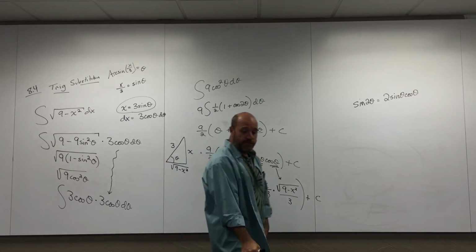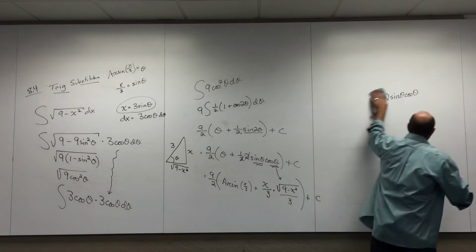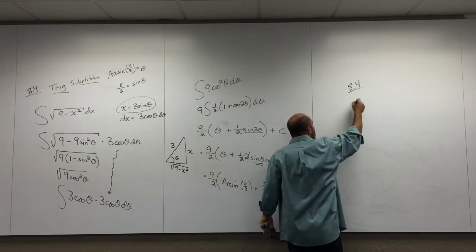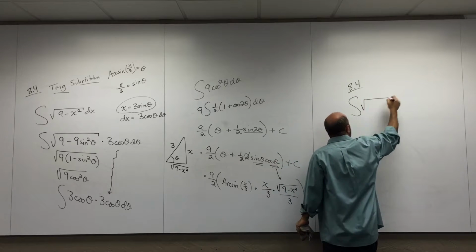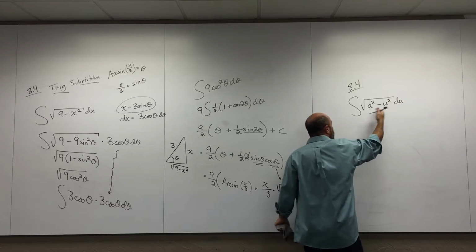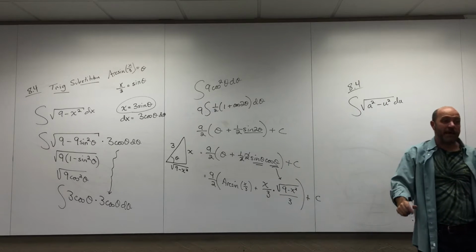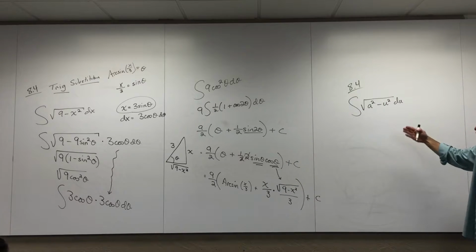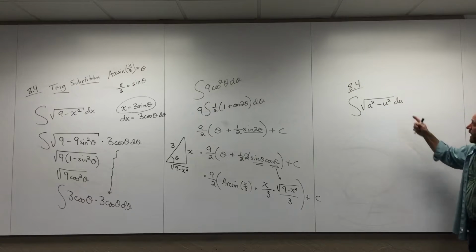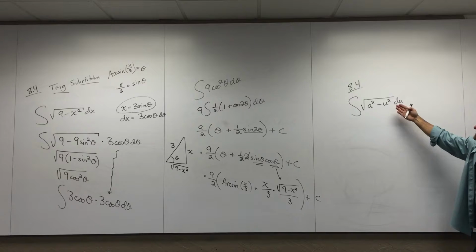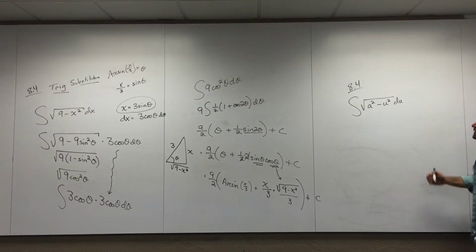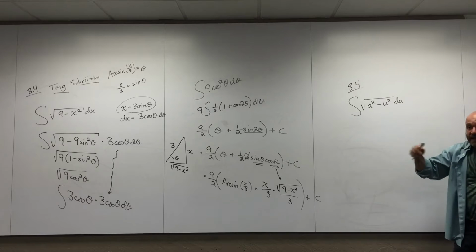Right, here's the notes for section 8.4. The book says this. What you'll be doing is running into integrals that have an a squared minus u squared inside a square root, most likely, although there are exceptions. I'm going to write down some rules here, but there are exceptions. If this is the expression you're looking at, by the way, when I write a, it's a constant.